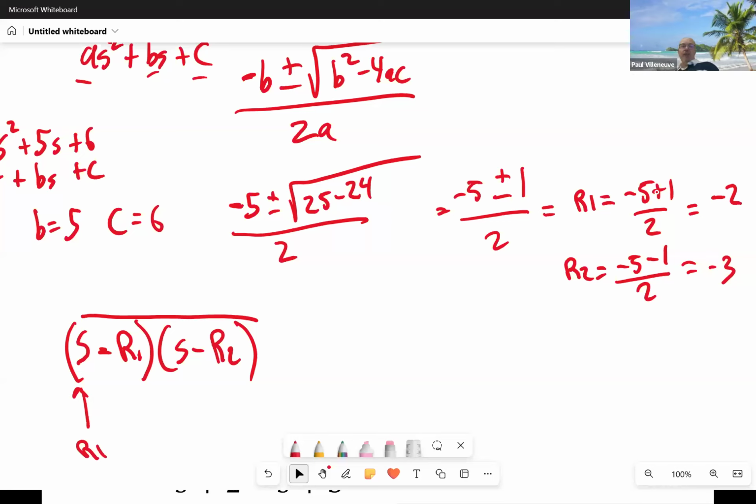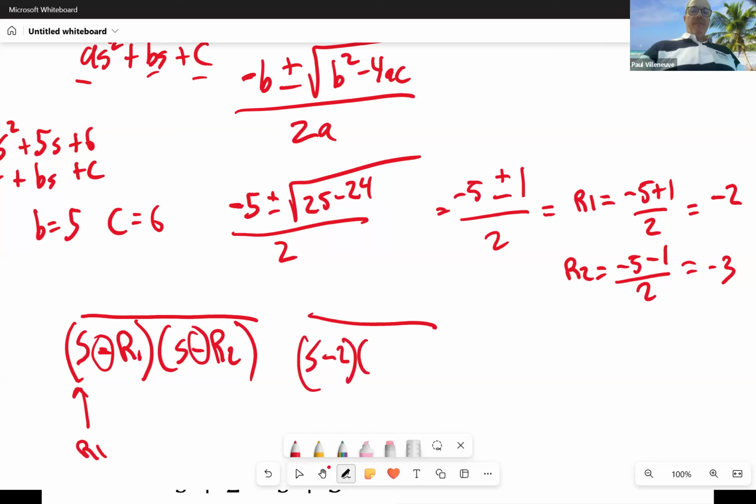This is very important. Make sure you have the negative of the roots there. Otherwise, they actually aren't the roots. You'll get bad numbers. So what we have is S minus negative 2 times S minus negative 3. Those are our two roots.